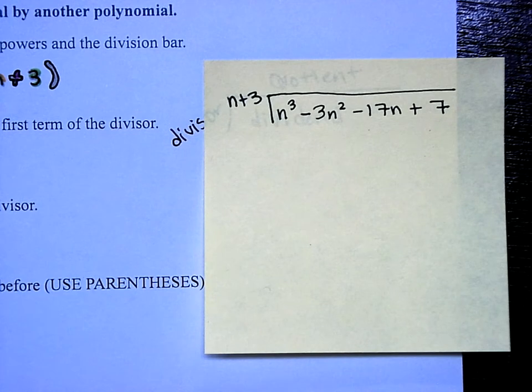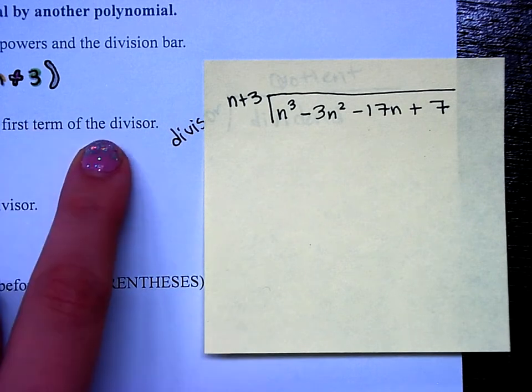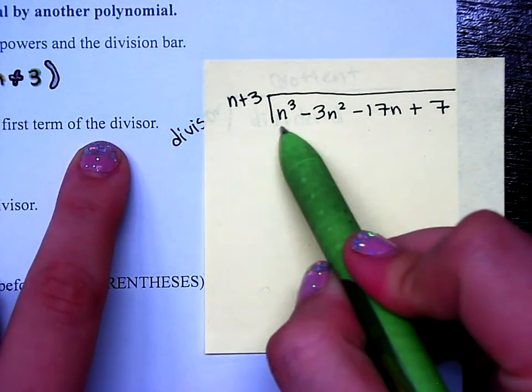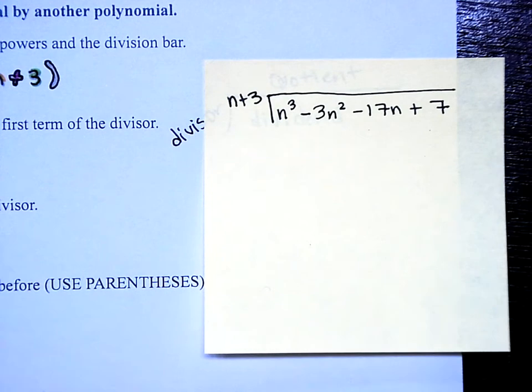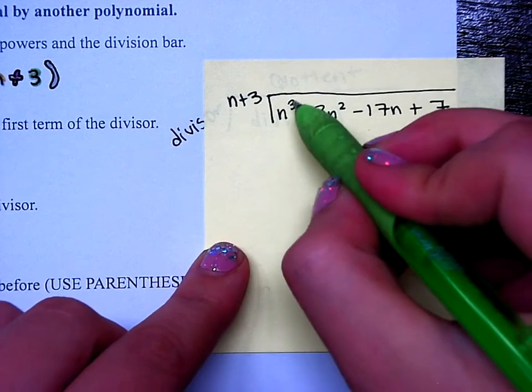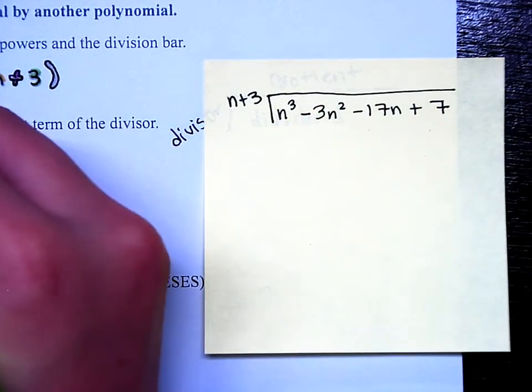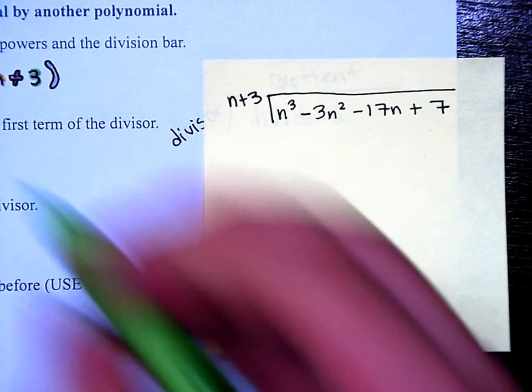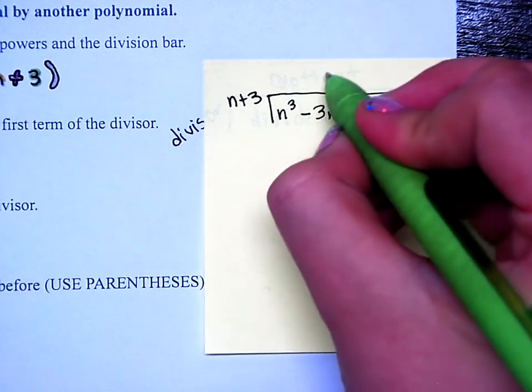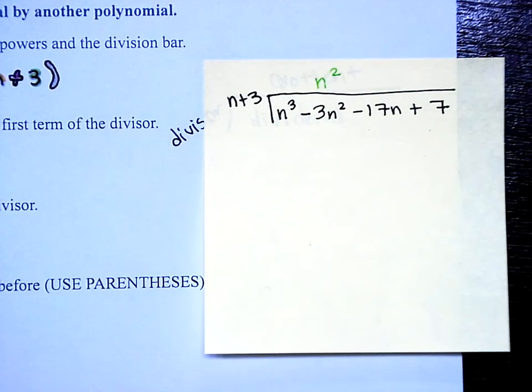Okay, so let's get started on our steps. The first step, and I'm going to color code like I always do, is to divide the first term of the dividend by the first term of the divisor. So I'm going to take this value and divide by this one. This is the same step as when we do regular long division. Okay, so I'm going to underline that in green so I know when I divide this term, n to the third, divided by this term, n, I'm going to get n squared, and that's what I'm going to write up here, n squared.